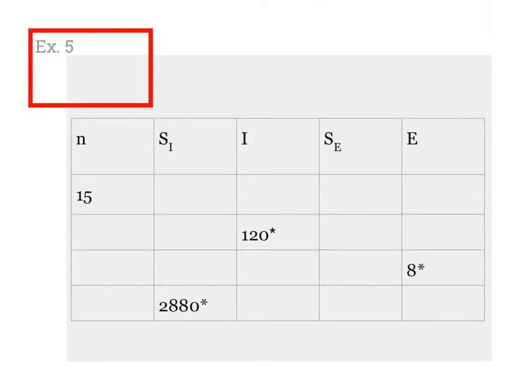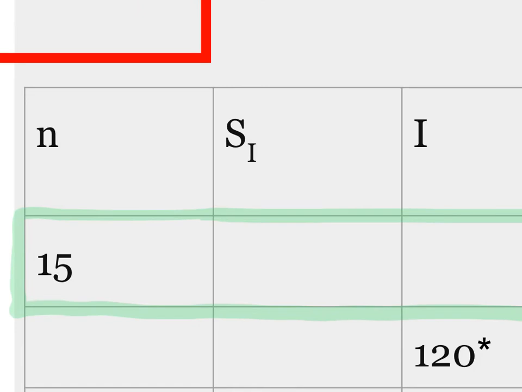Something like this you will never see on your test or on a checkpoint even, but it is good practice. So we're going to look just at this first row. If I know the number of sides, 15, I can find the sum of the interior angles pretty easily because I can take 180 times 15 minus 2. 15 minus 2 is 13, times 180 is 2340.